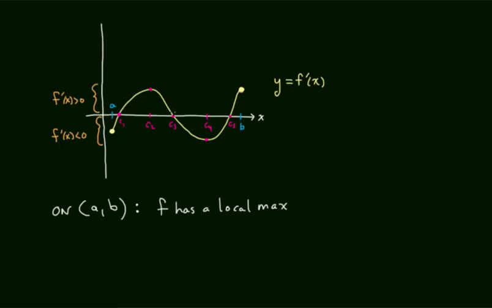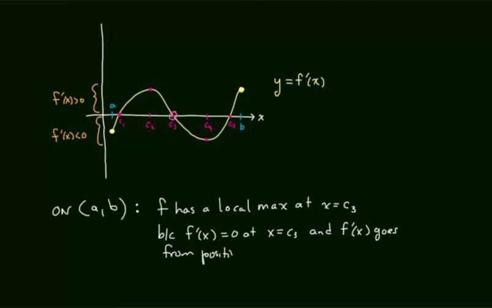So the local maximum is going to occur here at x equals C3, and the reason for that is because f prime of x equals 0 at x equals C3, and f prime of x goes from positive to negative at x equals C3.